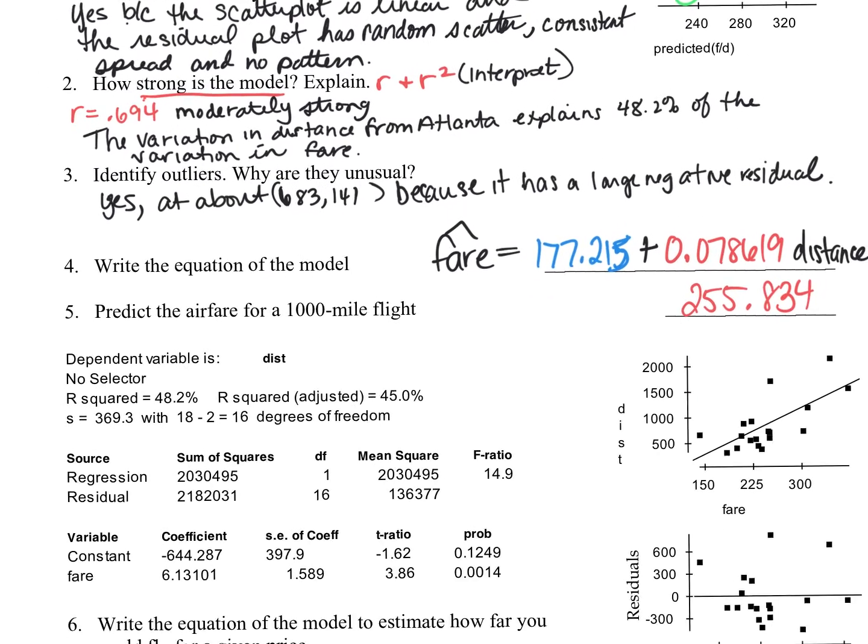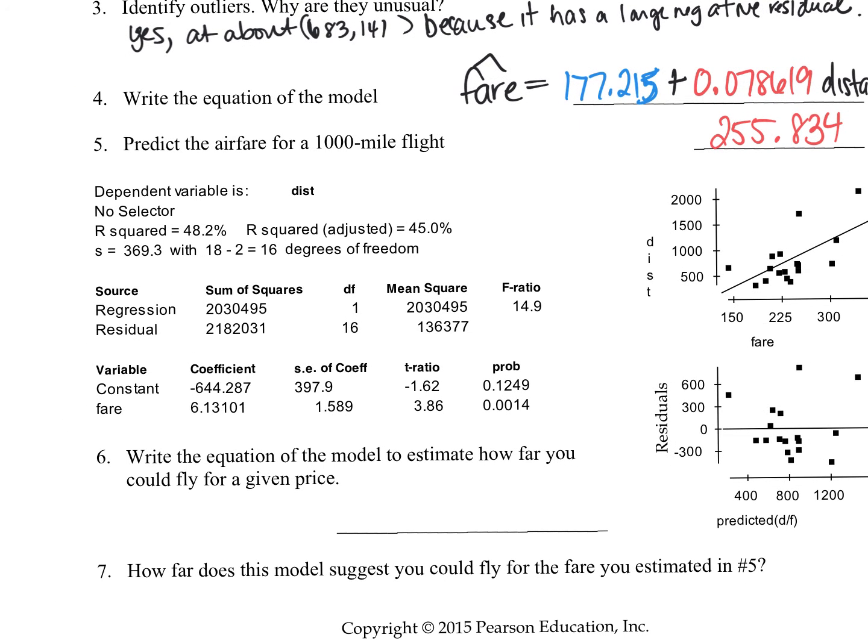So we have to redo the regression if we want to see, if I have this much money, how far I can fly. I want to fly this far. How much money is it going to cost me? That was the first equation. Now the second equation is, I have this much money. How far can I fly? I have to redo the regression, switching the y variable to the distance and the x variable to the airfare. And we get a new equation.